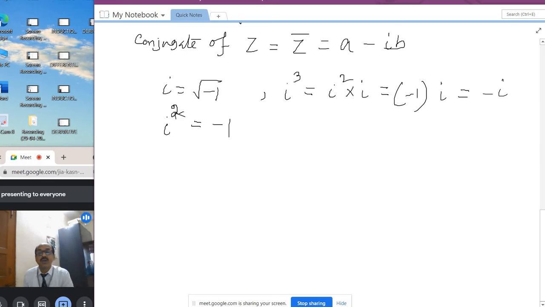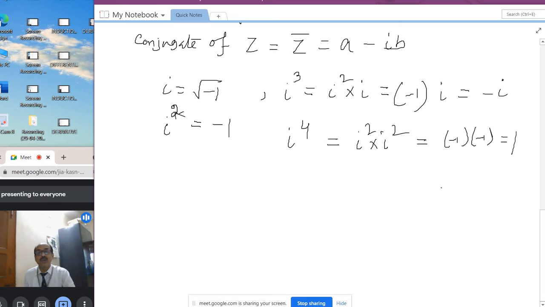Okay. So i equals under root minus 1. Now i square is minus 1. So what is i cube? i cube means i square into i, that is minus 1 into i, so minus i. So i cube equals minus i. So what is i to the power 4? i square into i square, that is minus 1 into minus 1, so this is equal to plus 1.